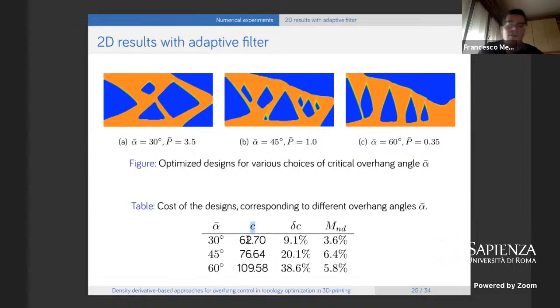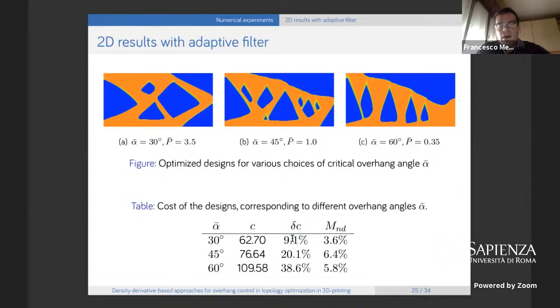The cost here, of course, is the compliance. Delta C instead represents the reduction of this final cost, so how much our cost is better, so to speak, with respect to the best non-oscillating designs which were obtained with the PUP constraint alone.